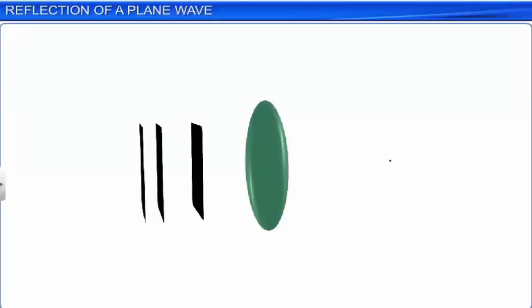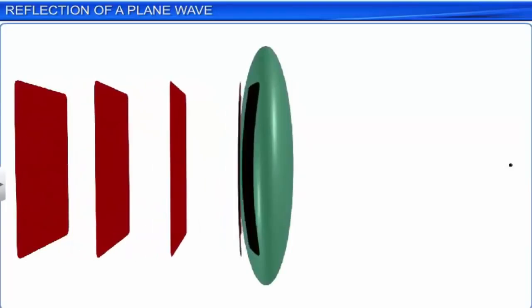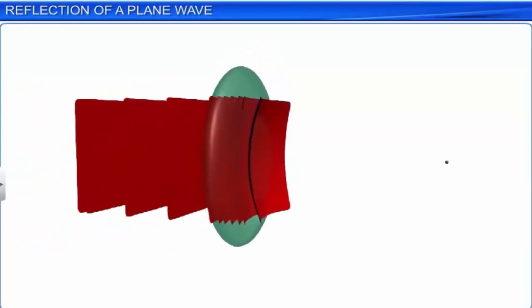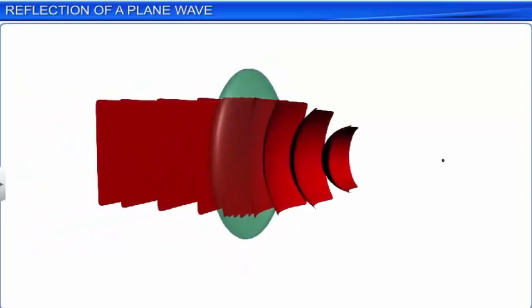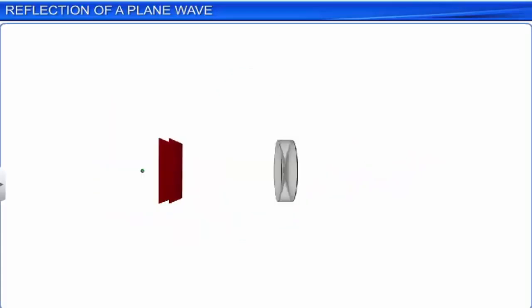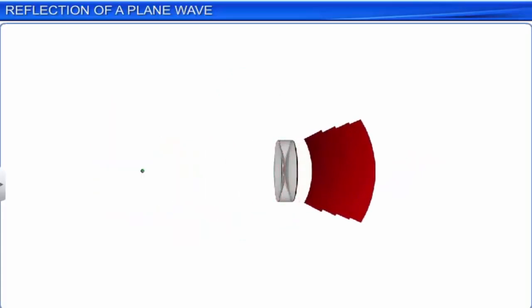When a plane wavefront is refracted through a convex lens, it becomes a converging spherical wavefront and converges at a point on the principal focus. On the other hand, if a plane wavefront is refracted through a concave lens, we get a diverging spherical wavefront.